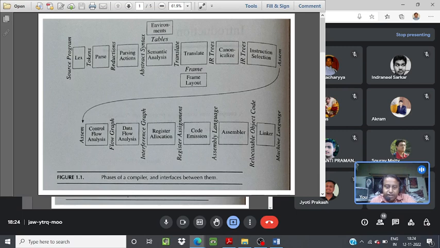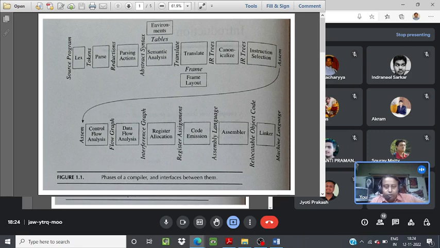Can you see the screen? Yes, sir. As I told, there are five phases of the compiler: lexical analysis, syntax analysis, intermediate code generation, code optimization. These are the phases of a compiler and the interface between them.